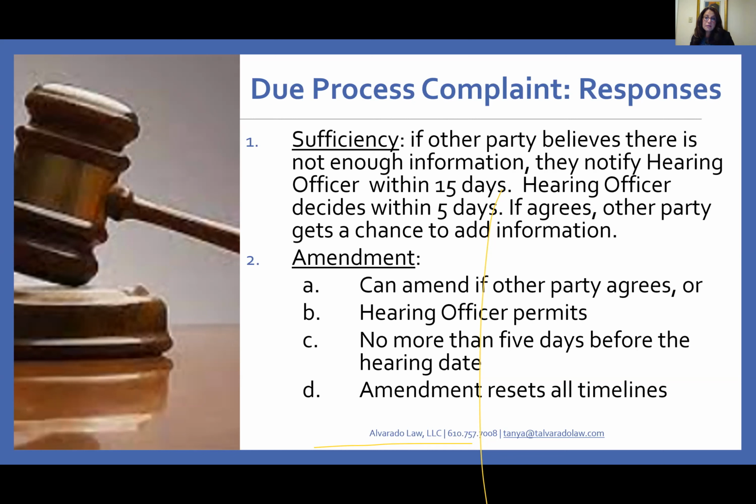So now we have a new claim. It's the tuition reimbursement claim. An amendment was necessary because there's a new claim now. Something happened for which you need a new claim. That would be a situation where an amendment would be made. Once that amendment went in, it restarts all the timelines. Okay.